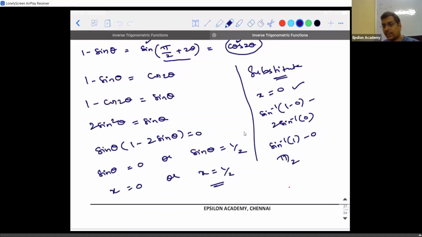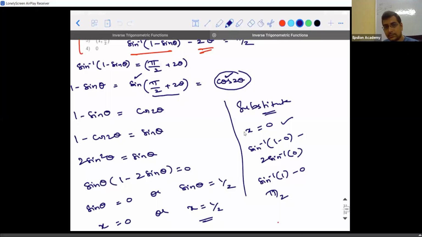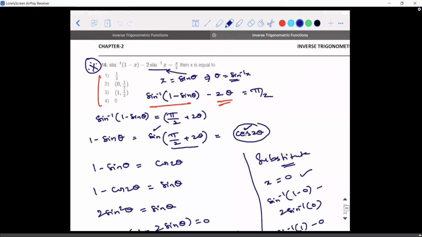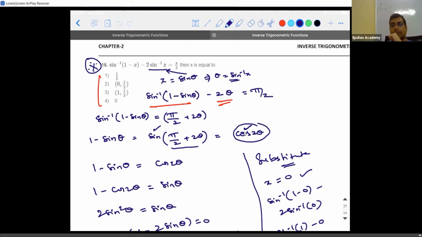Is x is equal to half satisfying? You will get 5 by 6 minus 5 by 3.